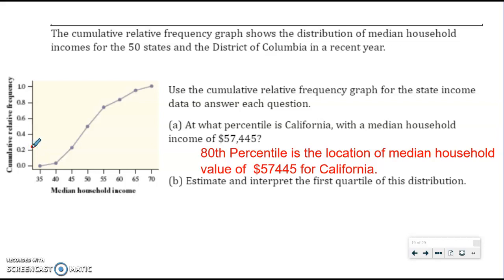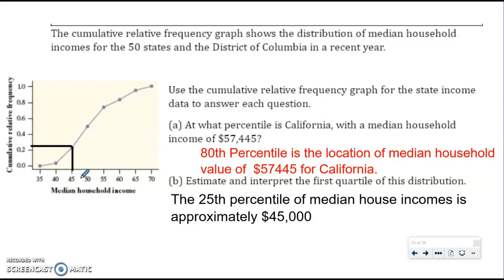Just like before, I'm going to make a box. I go straight across to where it hits the graph, then straight down. It looks like approximately $45,000 is the median income. So the 25th percentile of median household income is approximately $45,000.